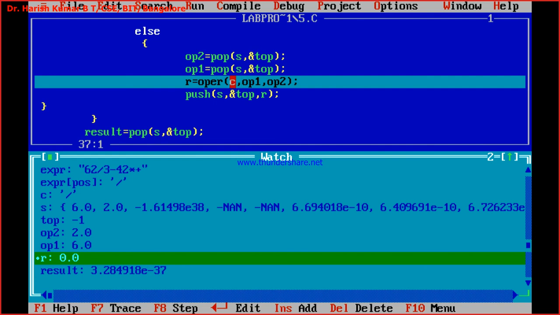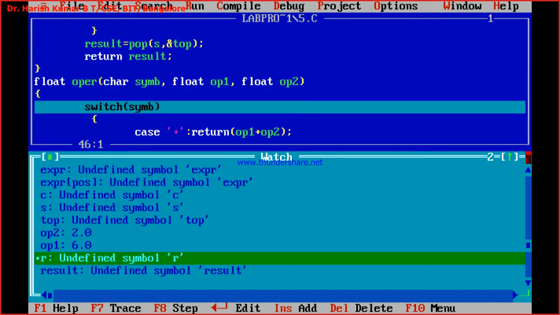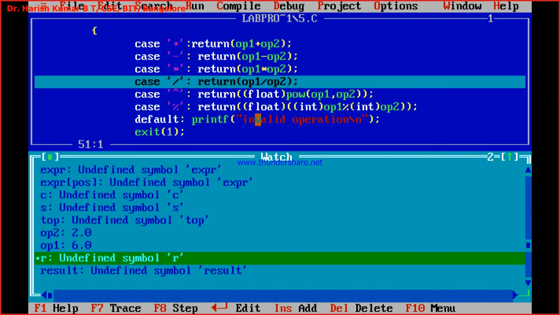We are passing C, that is divided by, we are passing 6 and we are passing 2. Now what is the symbol now? It is divided by. So case divided by. Now return the result OP1 by OP2. OP1 is 6 and OP2 is 2. 6 by 2. So how much is it? 3. So R will become 3 now.